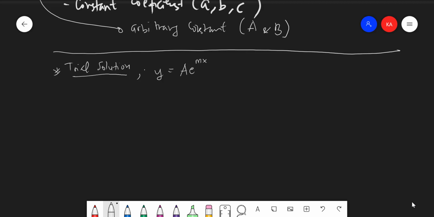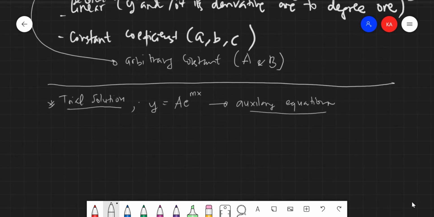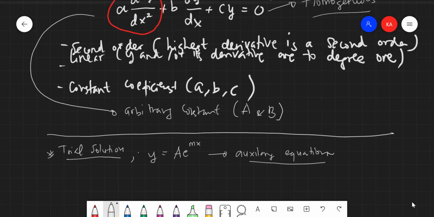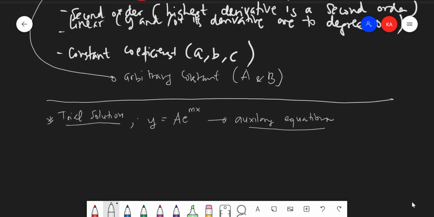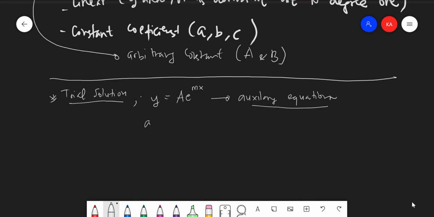We call this the auxiliary equation. And then from the general form, we can write like this, because this is the second order, a m squared plus b m plus c is equal to 0.